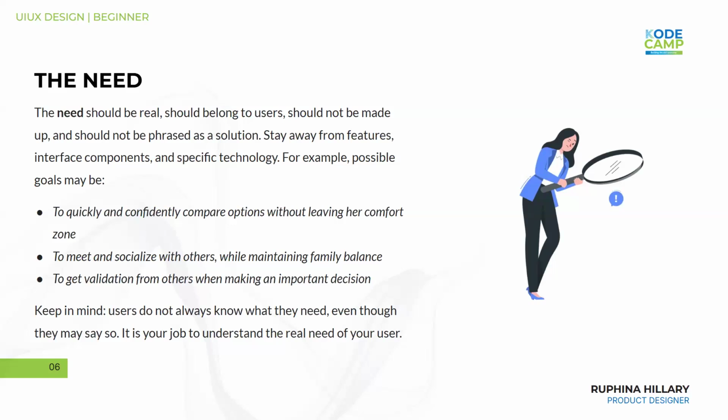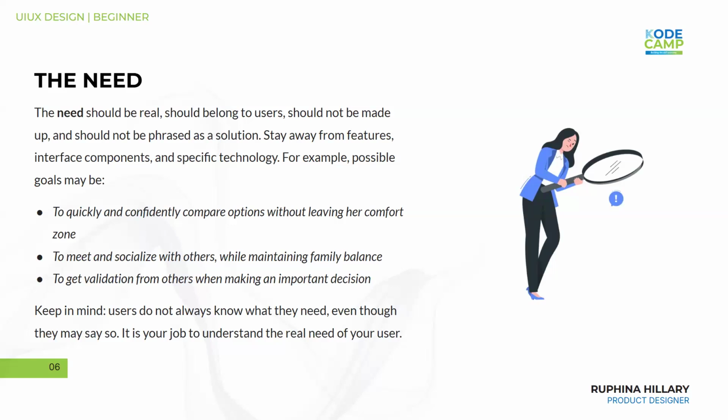So when you are talking about the need, you should stay away from features, stay away from interface components, stay away from specific technology. For example, possible needs may be: one, to quickly and confidently compare options without leaving our comfort zone. This is the need from the previous problem statement we looked at.